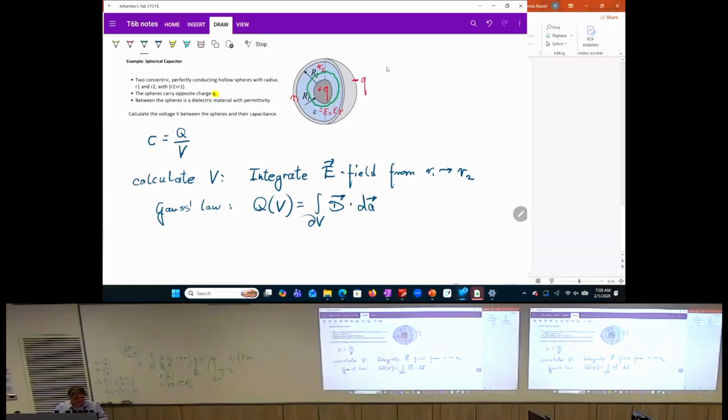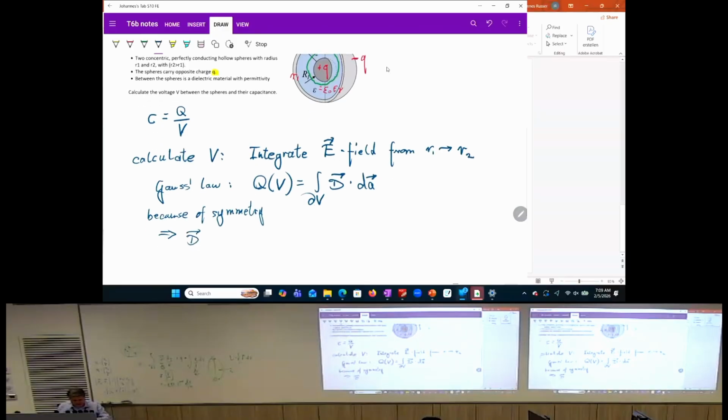And now we are in the comfortable situation again that because of symmetry, we only have an electric flux density in radial direction. Because of symmetry, we have a D field which only has a component in the e_r direction. And we know that the electric field is obtained by taking the D field and dividing it through the permittivity of the material.